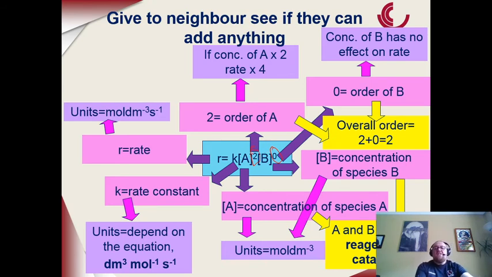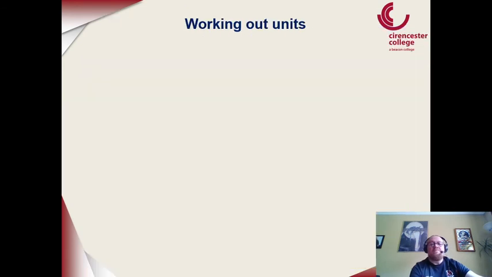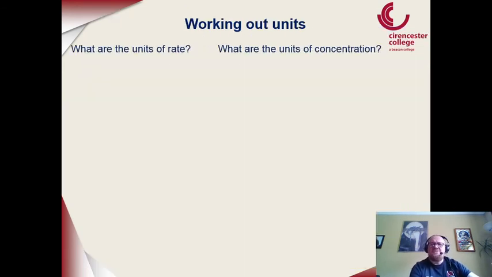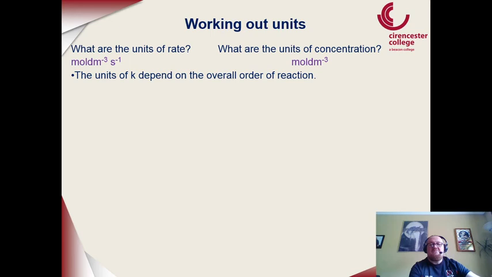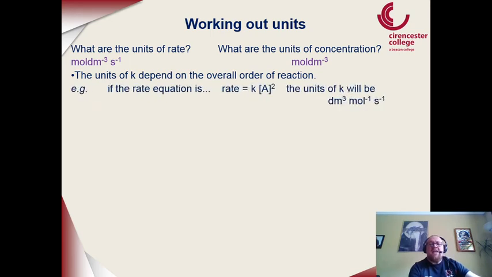But we can see that if we're looking at our orders, it has an overall order of 2. So how do we work out the units? We know that the unit of rate is moles per decimeter cubed per second. We know that units of concentration are moles per decimeter cubed, and that's it. So K changes.